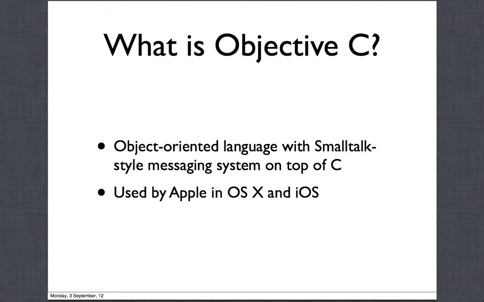But if you know C++ or if you know Java, it will just take a few hours, maybe a couple of days to learn Objective-C. You just have to get used to another way of doing things. But all the things are kind of the same.